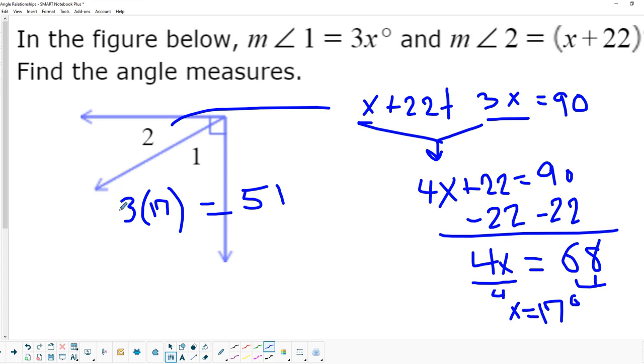And then the last one, you've got 17 plus 22 to find that one. So 17 plus 22, that comes out to be 39 degrees. And you see how if you added them together, 39 plus 51, you would indeed get 90 degrees.